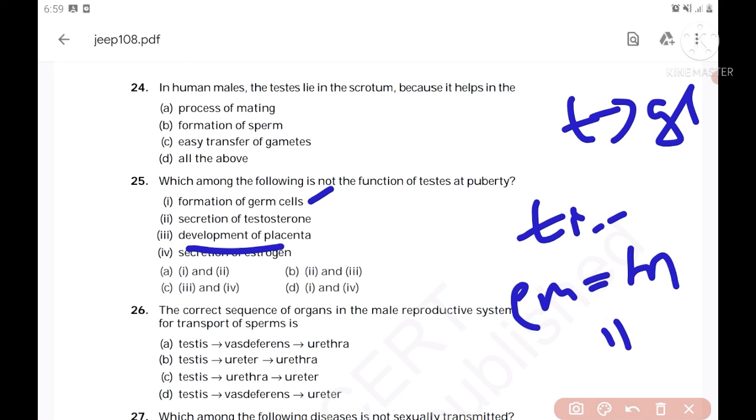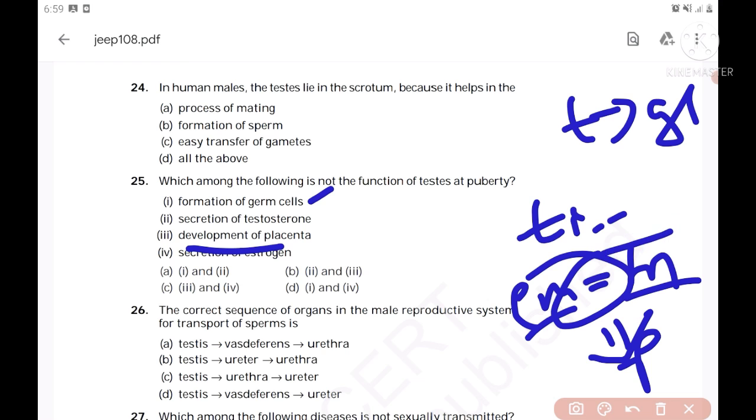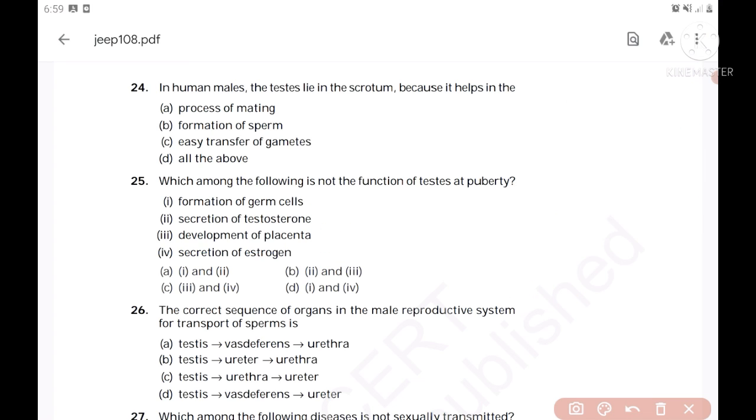This happens while a woman is pregnant. In that time, there will be a placenta formation, a tissue which is connecting embryo to the mother. This will be supplying the nutrition. So this is in females, not a process of testis. And next, secretion of estrogen happens in the females. So 3 and 4. C.